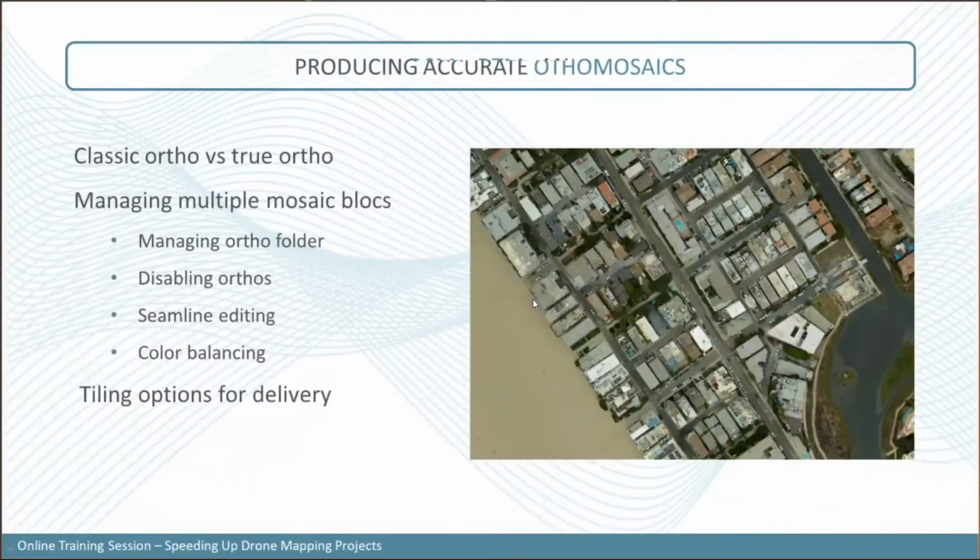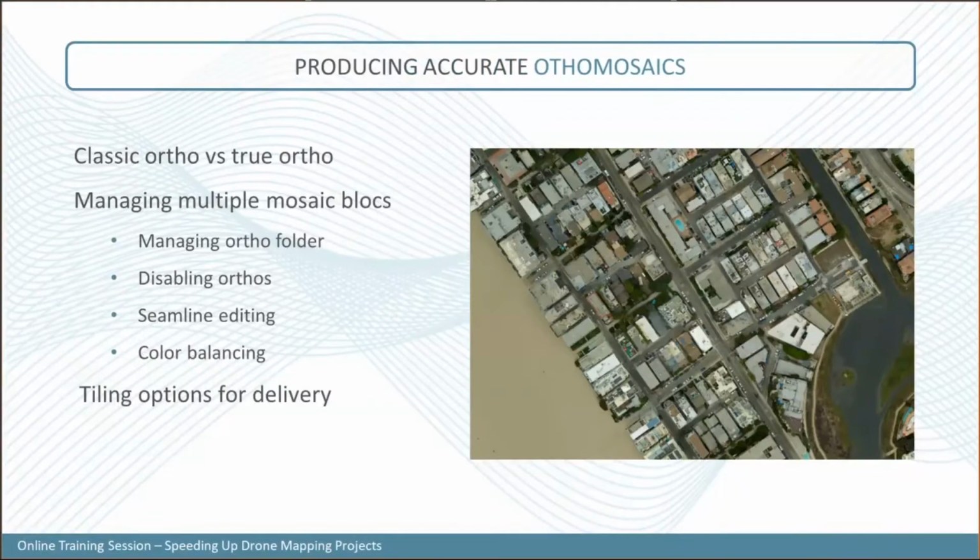Then once the surface model and the terrain model are done, you can produce your Ortho Mosaic. Basically, for the Ortho Mosaic, you have two choices. You can either process orthos from the DSM or from the DTM. From the DSM, it's something we call a true ortho, so all the pixels will be rectified from the surface model.